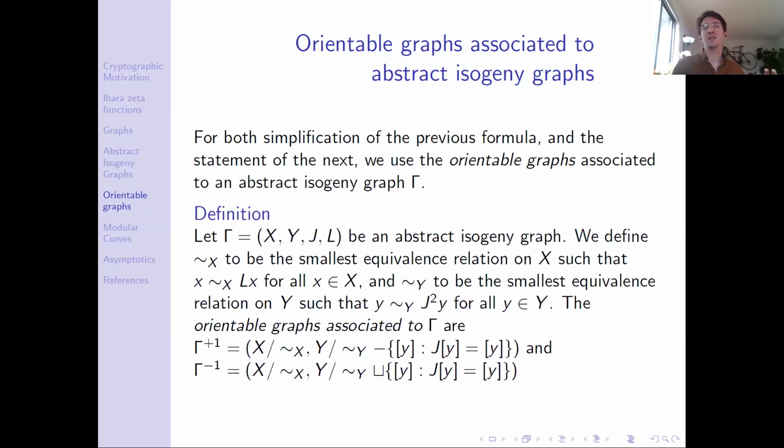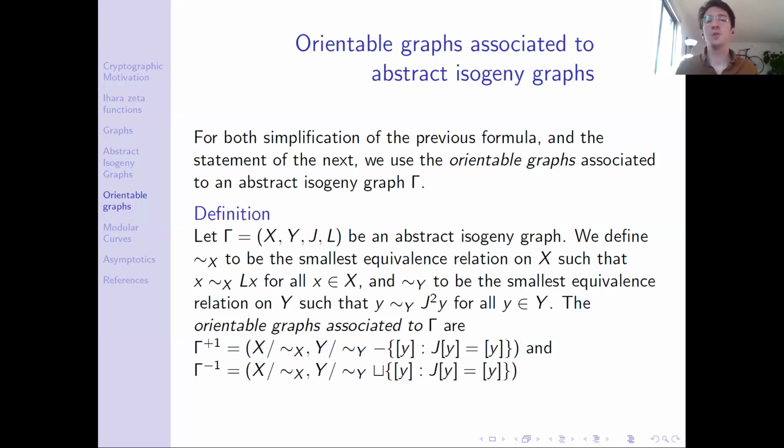And the basic idea, the definition is quite long, but the basic idea is that once you collapse all of the action of L on vertices into one vertex, so you identify, say, in the graph of level structure, E phi with EL phi, right? And then you also identify edges with what happens to them under double duals. Then all you're left with to deal with is these loops that are equal to their own duals.